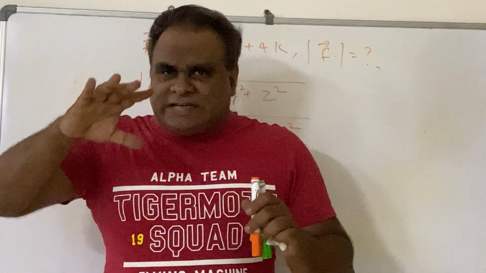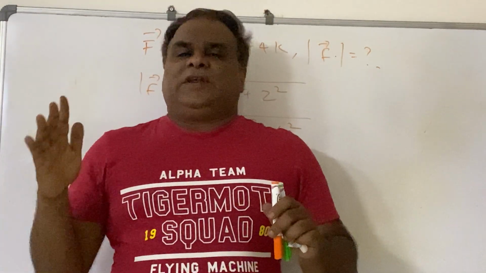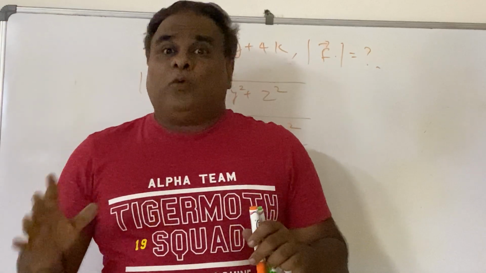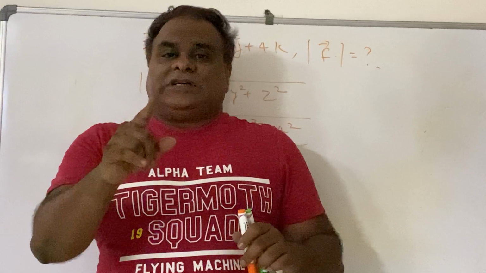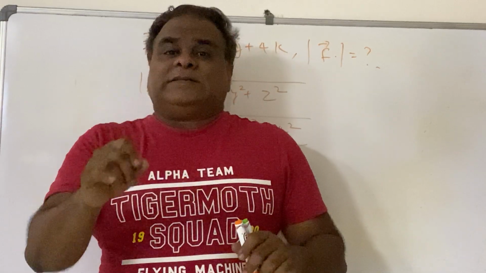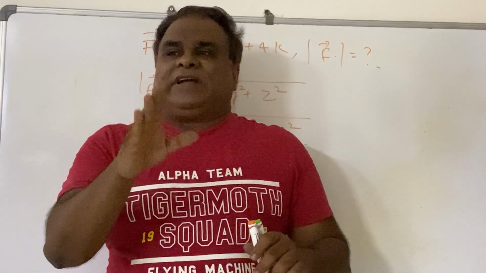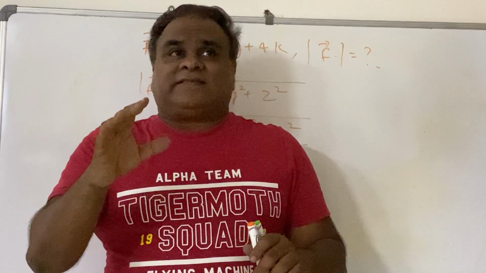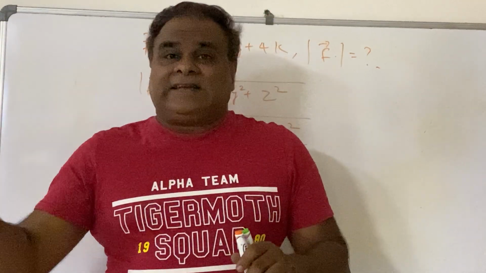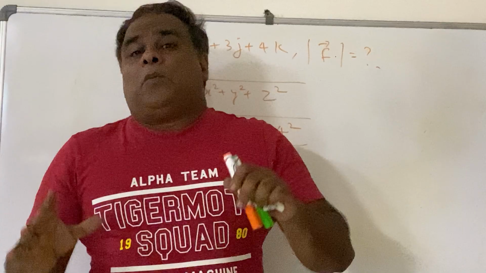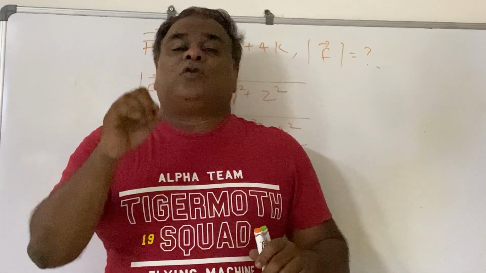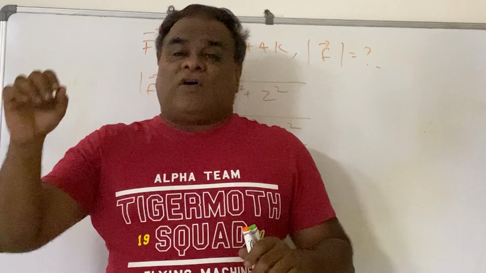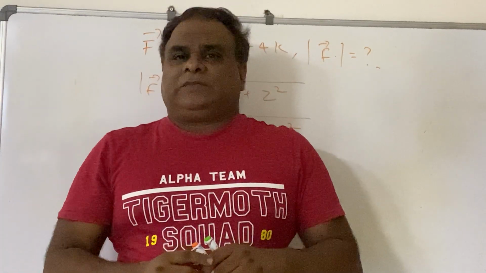Any vector can be represented in terms of the unit vectors i, j and k. Now, if a vector is expressed in terms of i, j, k, for example vector f is equal to xi plus yj plus zk, then what is its magnitude, the modulus of that vector? That is root of x square plus y square plus z square. That is the second point.